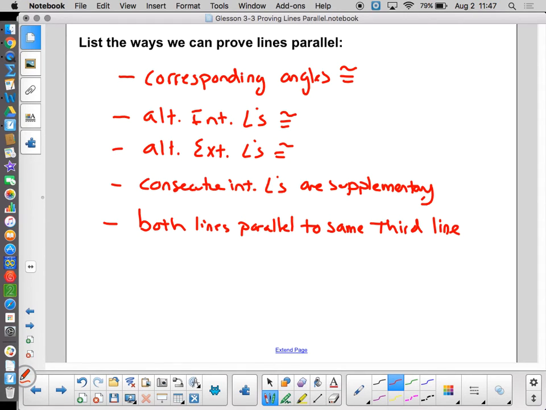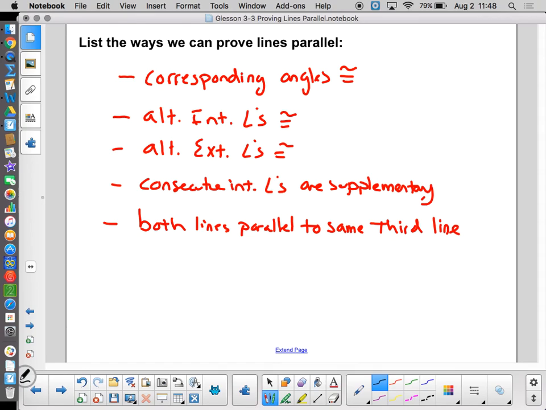Is there another way we can prove lines are parallel? Yeah, there's going to be when we start the second part of this chapter after our quiz. We start looking at lines in the coordinate plane. How in the coordinate plane do I know if lines are parallel? Think about that from algebra. I'm just going to leave you with that today. You don't need to know this for this quiz, but we'll get to this in the second half of the chapter.